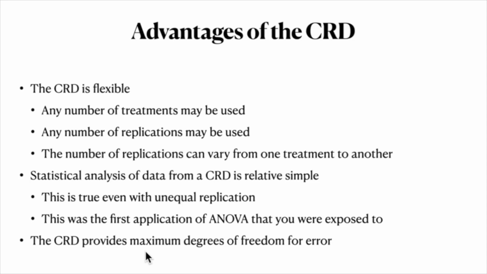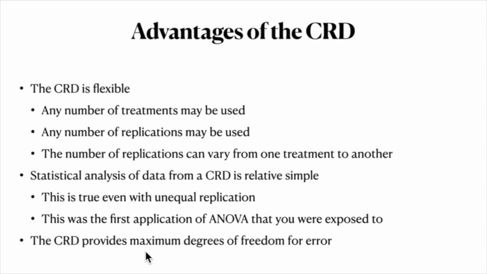Now, the other thing is that the CRD provides maximum degrees of freedom for error. So when compared to other designs that we'll look at, you'll see that the number of degrees of freedom that we have for error are going to be reduced in those other designs because we are partitioning the variability in different ways. And so the effect that has is that it decreases the number of degrees of freedom associated with the error term.